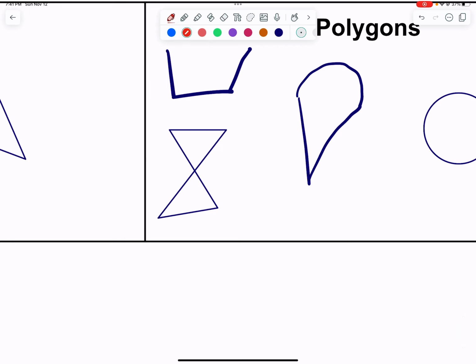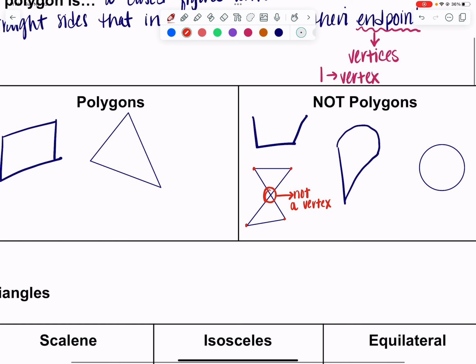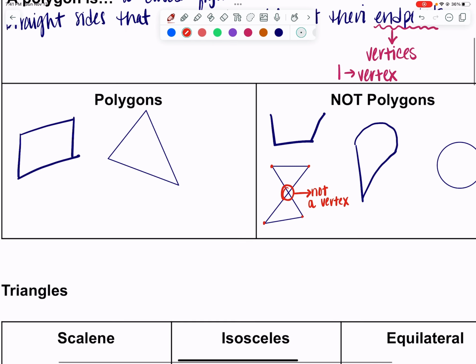It has straight sides. There are no curves. But this is a problem right here. This is not one of the endpoints for the sides. My endpoints are right here. This is not a vertex. So we can't have something that looks like that where the lines cross in the middle.